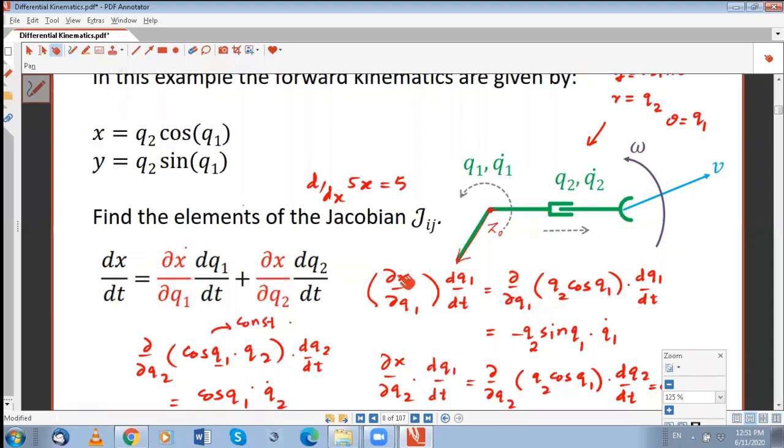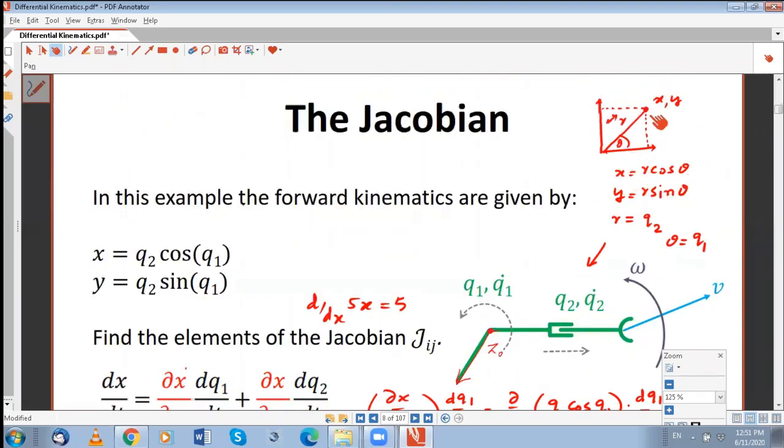And then the forward kinematics are extremely simple. It's just like you're moving in a circle. In order to find the Cartesian coordinates, you take this theta and the hypotenuse, and then x is r cosine theta, and y is r sine theta.